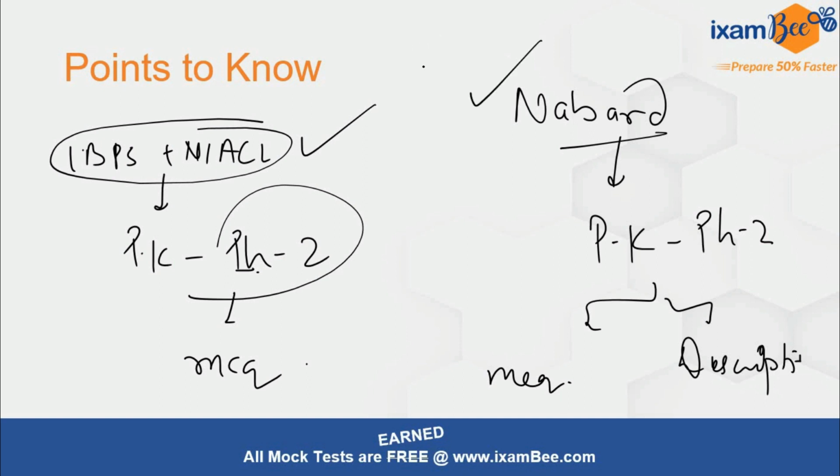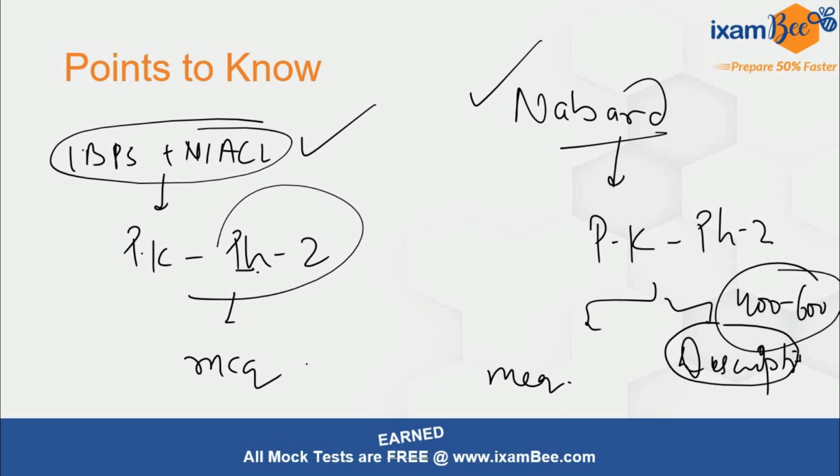Now, once you prepare everything, you have to start giving mock tests so that whatever you have understood, you are able to convert into results. For NABARD, the descriptive part is very important because you have to maintain a good typing speed, as the word limit is from 400 to 600 words for the technical questions.